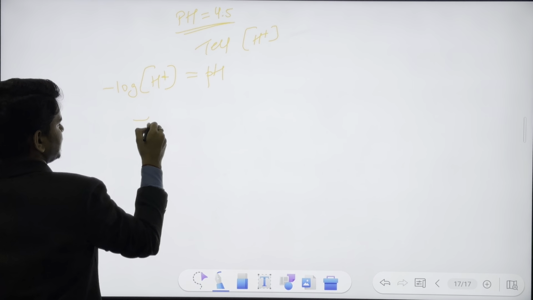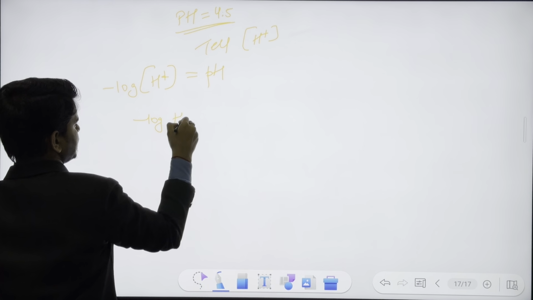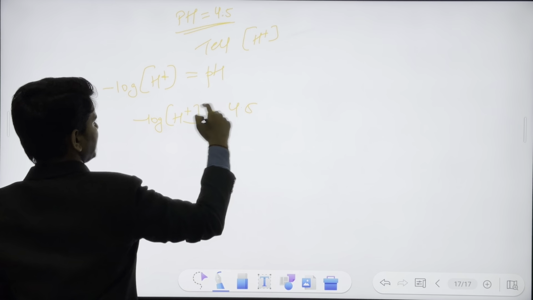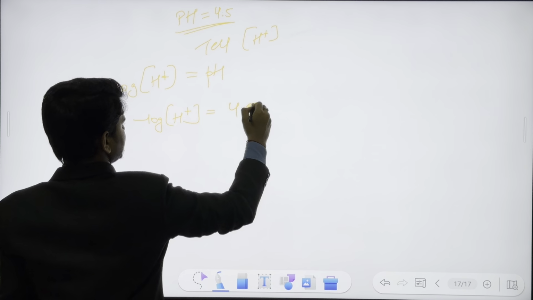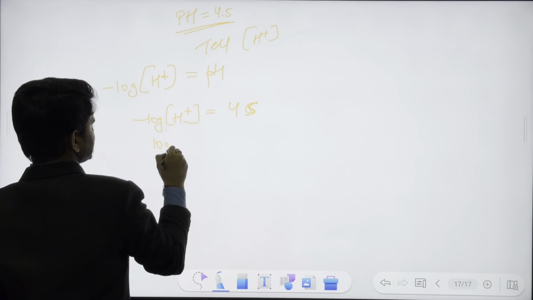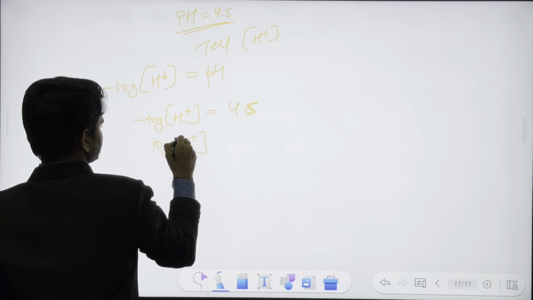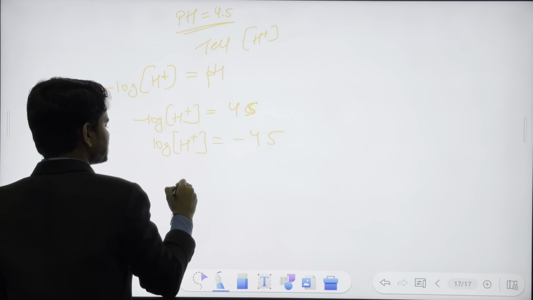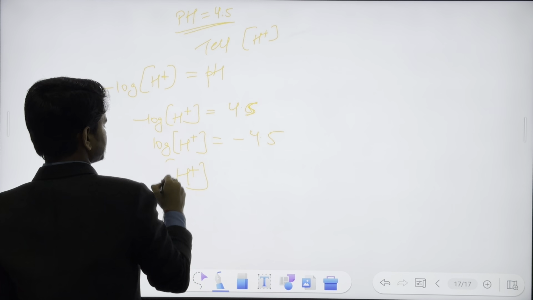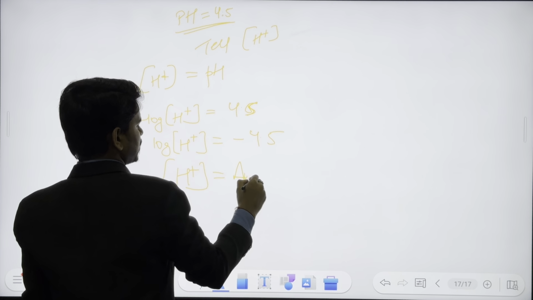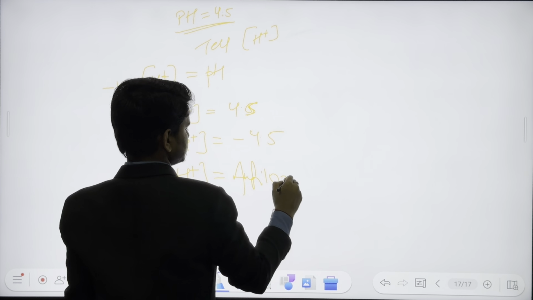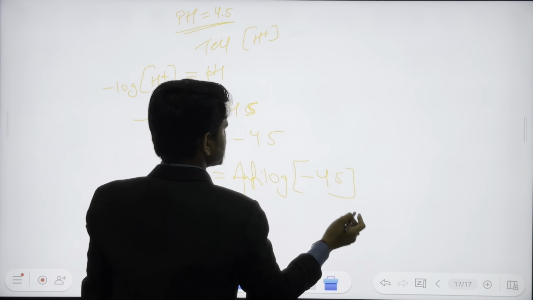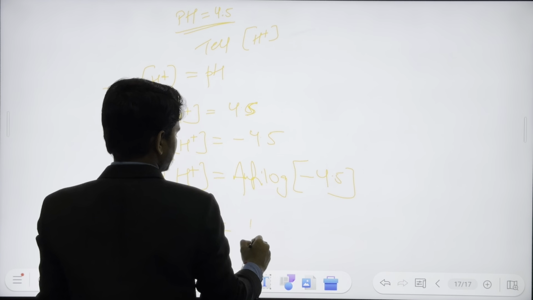So we can say that minus log H plus is equal to 4.5. We'll send the minus to the other side, and you will have log H plus concentration equal to minus 4.5, and H plus will be anti-log minus 4.5, and anti-log minus 4.5 is what? 10 to the power minus 4.5.